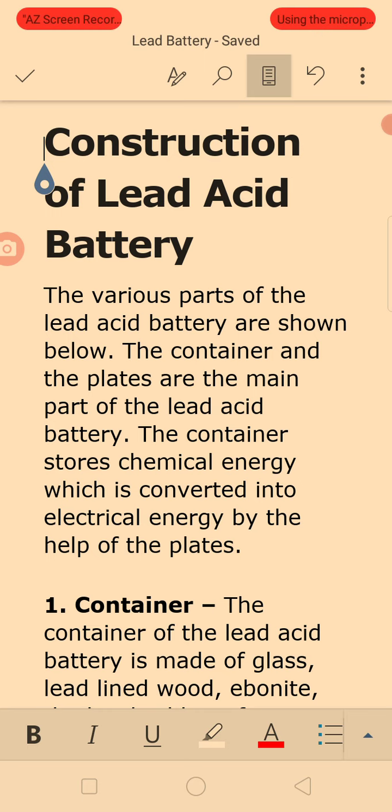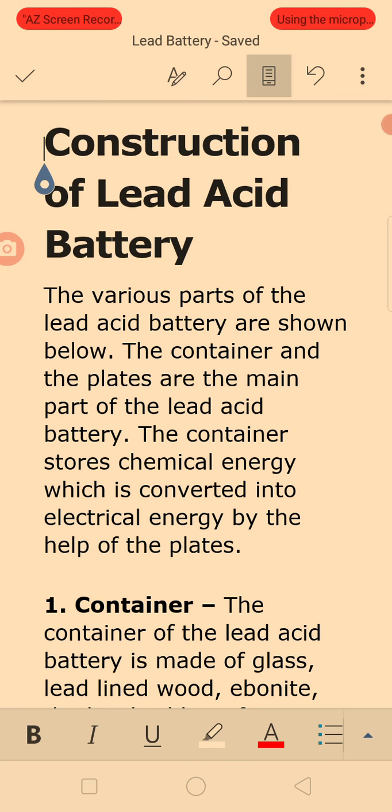It is a chargeable battery in which sponge lead acts as an electrode, the anode, while lead dioxide, PbO2, acts as the cathode.